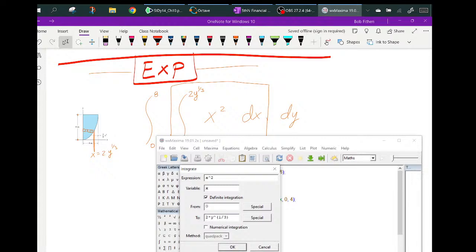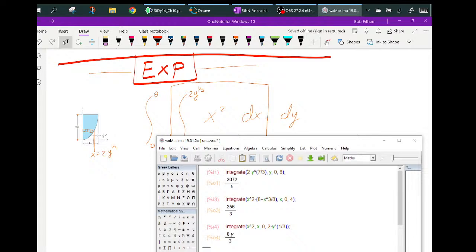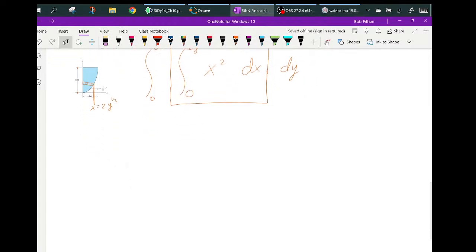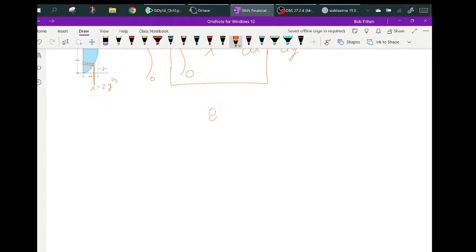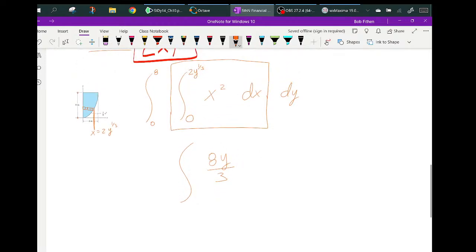I don't know if it's going to work. It does. Okay, so 8 y to the 3rd, with limits 0, 8, and dy.